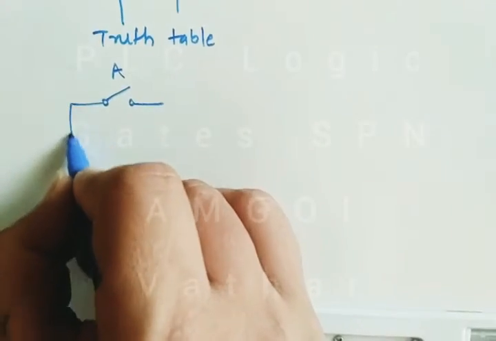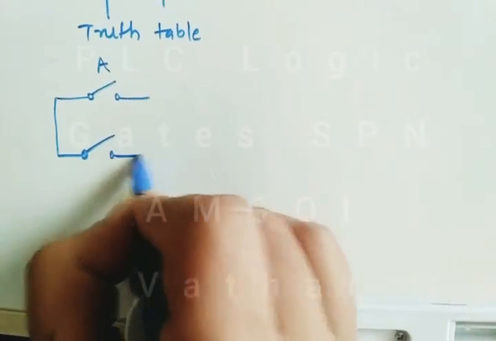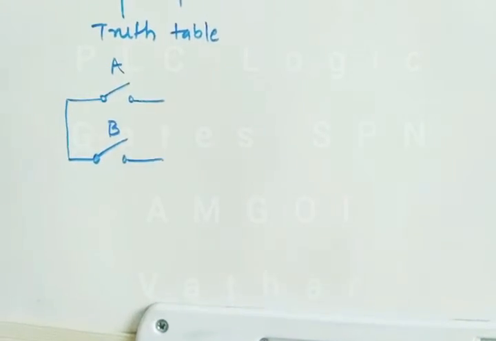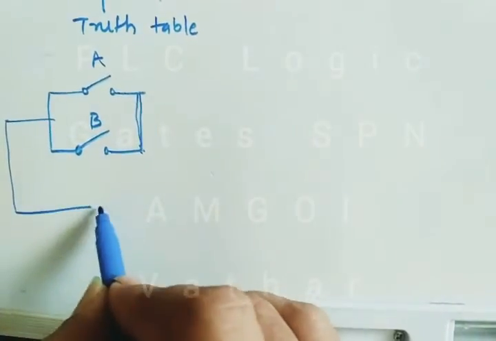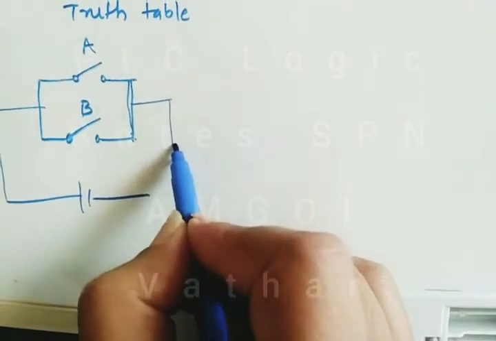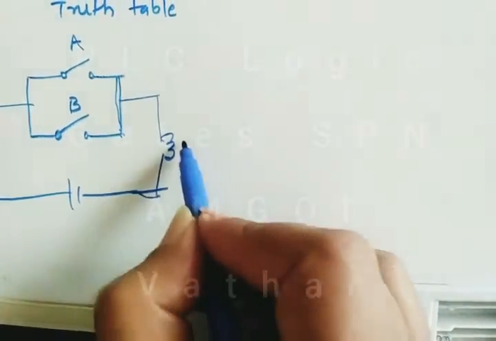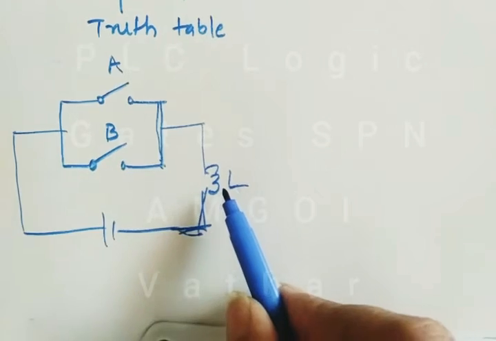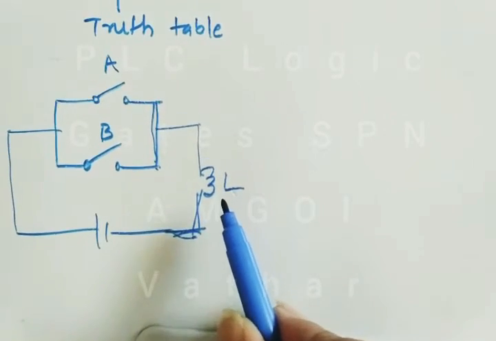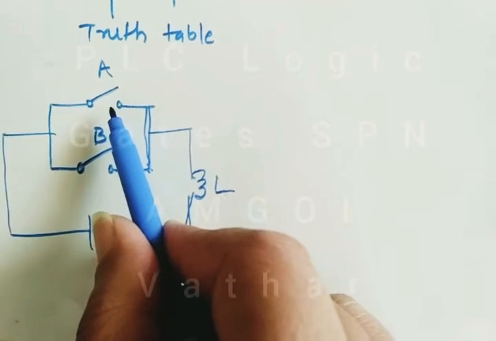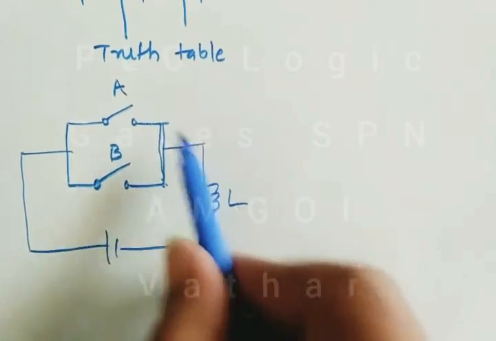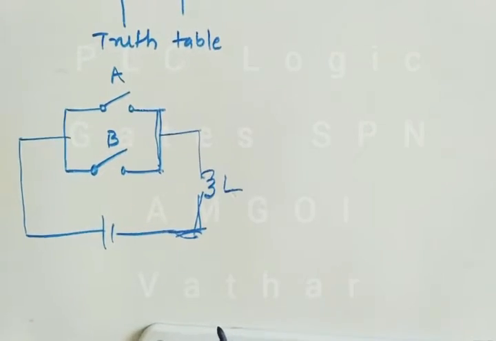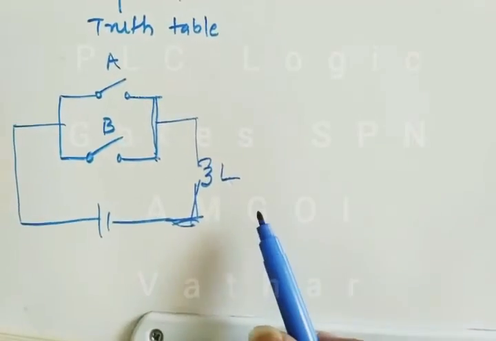Switch A is normally open, it is connected in parallel with switch B, and the power supply and the output lamp L. The lamp L will glow or it will turn on when either A is closed or on, or B is closed or on. So this circuit is the OR gate circuit by using electrical symbols.